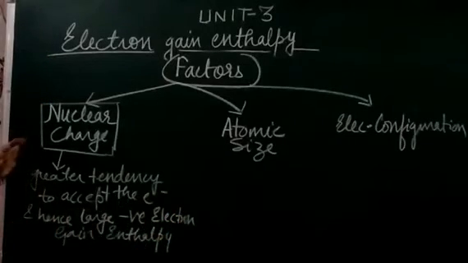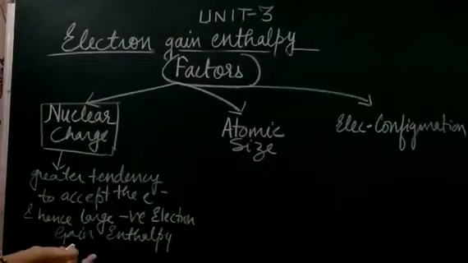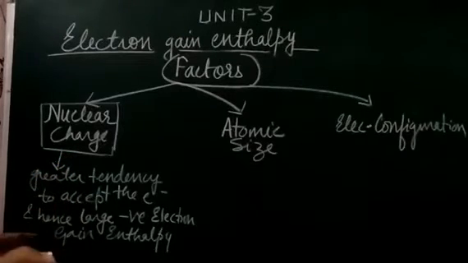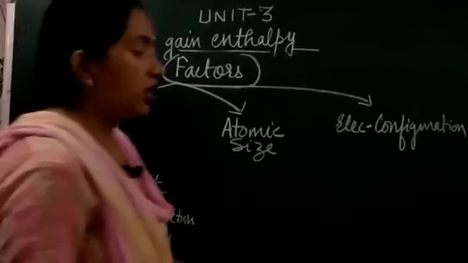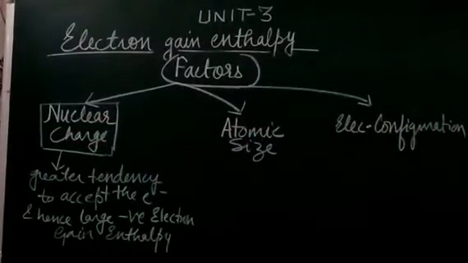Right? So I think this is clear. Nuclear charge and the electron gain enthalpy are directly proportional to one another. If the nuclear charge increases, there will be an increase in the negative electron gain enthalpy, or we'll say the atom is going to have a large value of negative electron gain enthalpy.